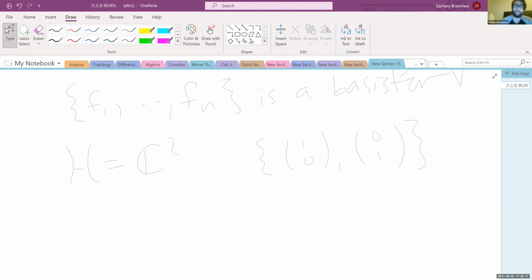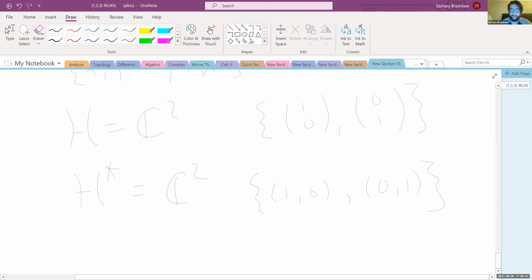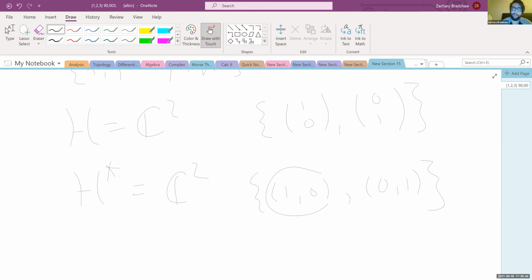And the dual space you can think about as, well, this would be C2 again, but this time we would think about our basis vectors as rows. And when we inner product this row with this column, that would just be the dot product.